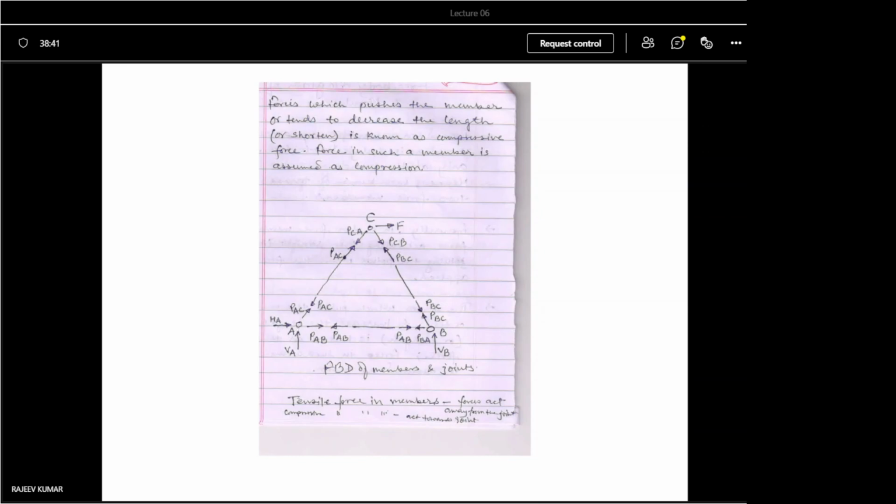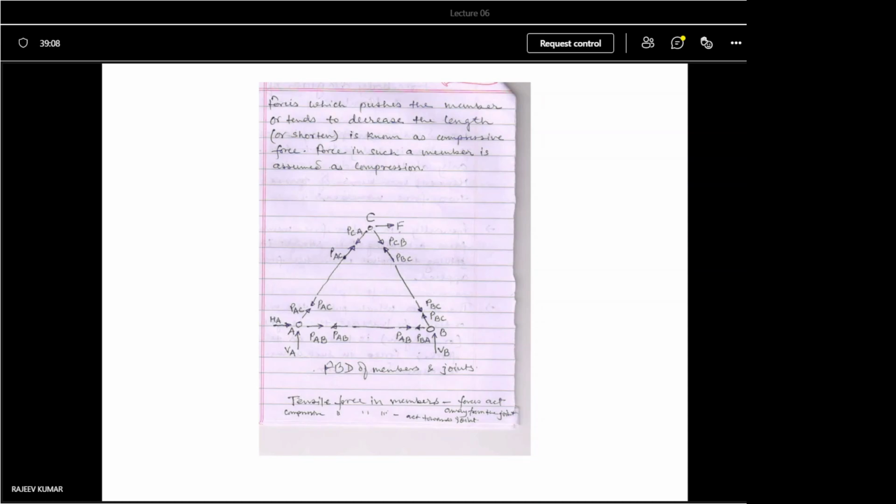When it is hinged, both horizontal and vertical force will act at the reaction point A. So HA and VA will act at the hinge joint, and on the roller this force will act. So this becomes the free body diagram of a triangular truss.